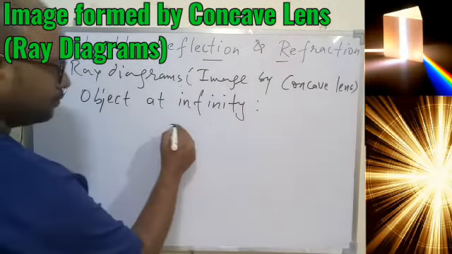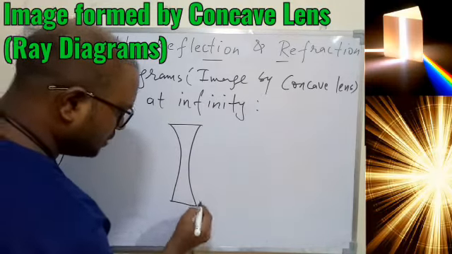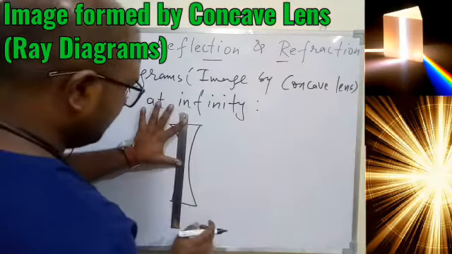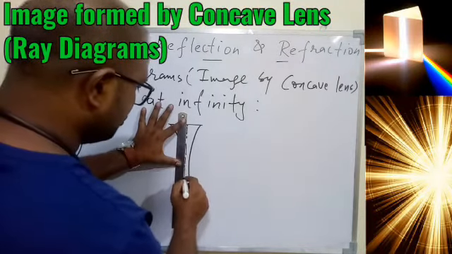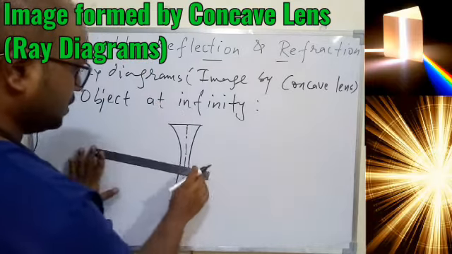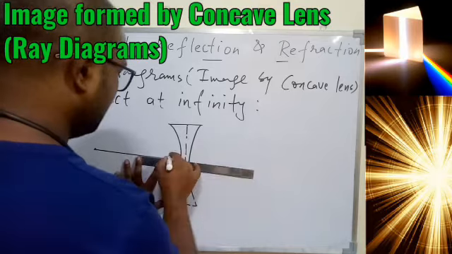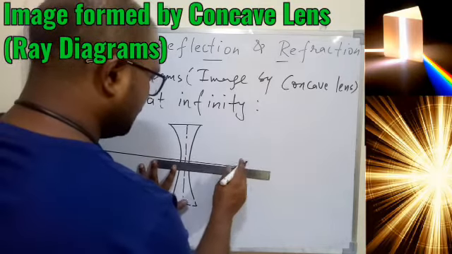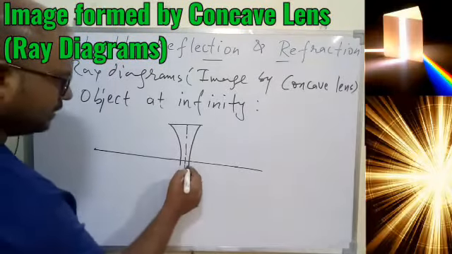So things are the same. Rules we understood. Draw the concave lens properly, and the center is your aperture that can give the reference point also. Okay, so from the center we'll draw the principal axis. That is the meaning of principal axis only, and after this we know this is the optical center.